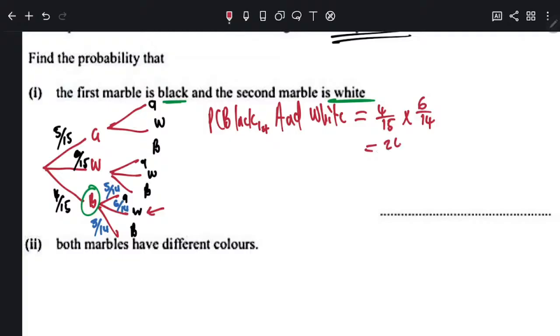And this becomes 24 over, what is 15 times 14? 210, which we can now reduce to lowest terms.